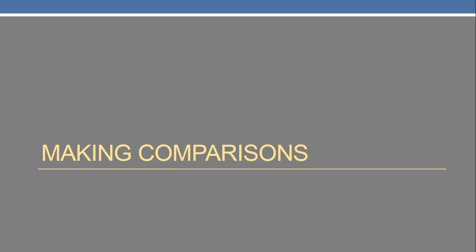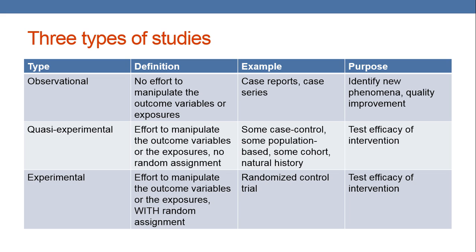Okay, now I want to spend a little time talking about making comparisons and the way that researchers do. Before we get into the precise ways in which researchers make comparisons, I'm just going to talk about a few of them because these are the ones I've chosen that I think interventionists in hospital settings are most likely to have a strong interest in.